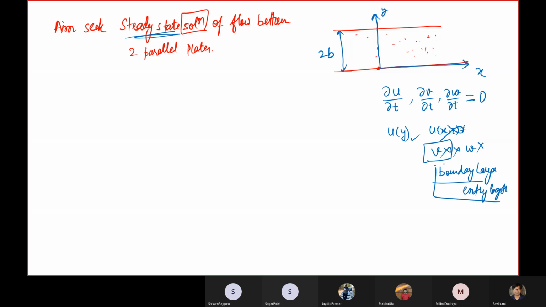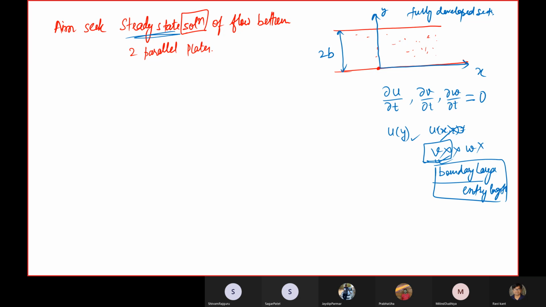Till then you will have some v velocity as well, but for the time being, since we are looking at the fully developed section, we're not going to look into v.